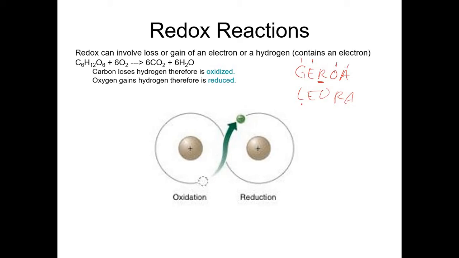And if you lose electrons, the process is called oxidation, and the substance that lost electrons is called a reducing agent. Now, this one is mostly applicable to inorganic. This is also applicable to organic, but there is an easier way to identify a redox reaction for organic.